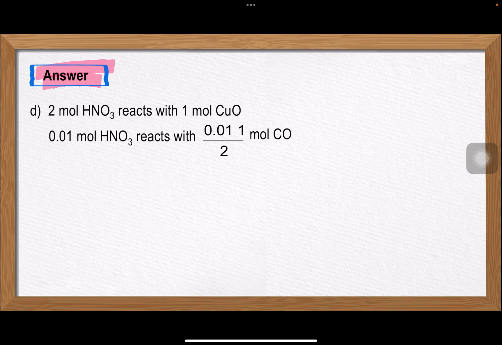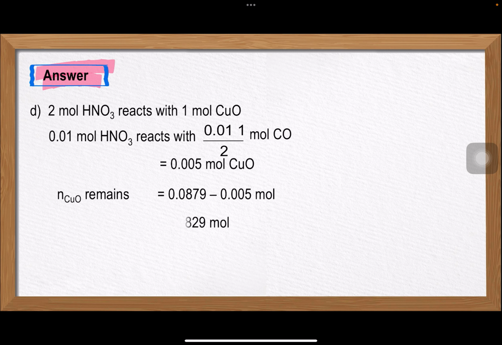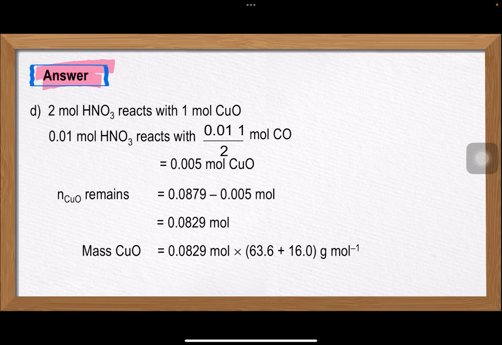From the stoichiometry, the mole of copper oxide that reacts is only 0.005. Then we compare with the available mole and subtract the amount reacted with nitric acid. We get the unreacted mole, which is the excess mole. Changing the mole to mass, we get 6.6 gram excess reactant copper oxide.